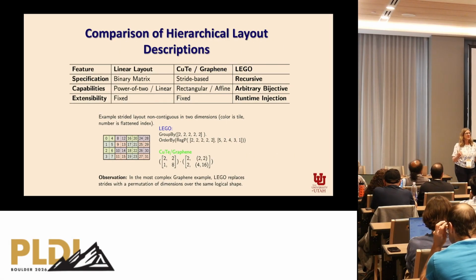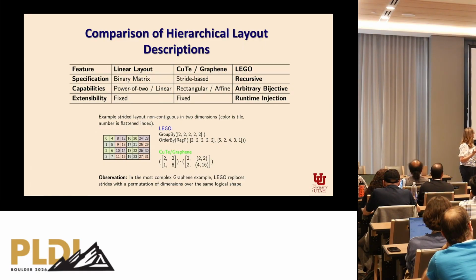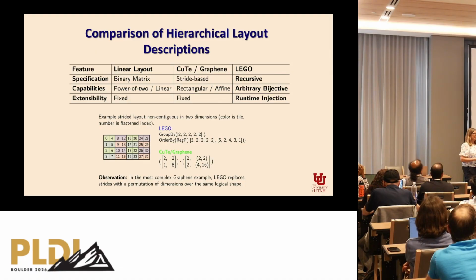Okay, so here's a comparison with other layout descriptions. Linear layout uses a binary matrix to describe the layout. Qt and Graphene have a stride-based representation, and Lego has this hierarchical or recursive description. Here's an example from the Graphene paper. This is a strided layout in 2 dimensions. So the colors, anything with the same color is part of the same tile.